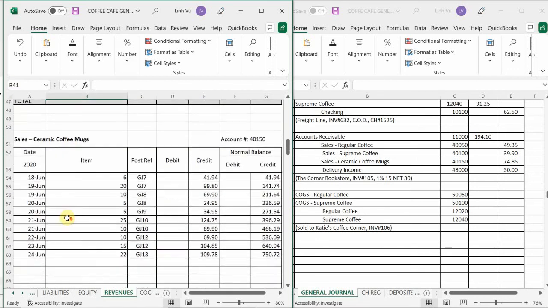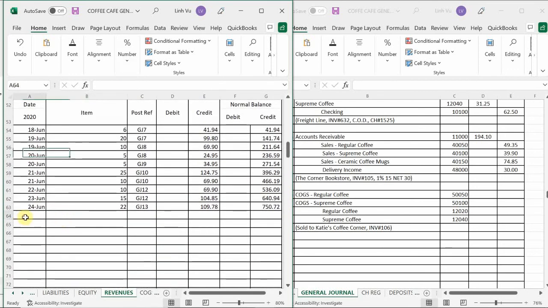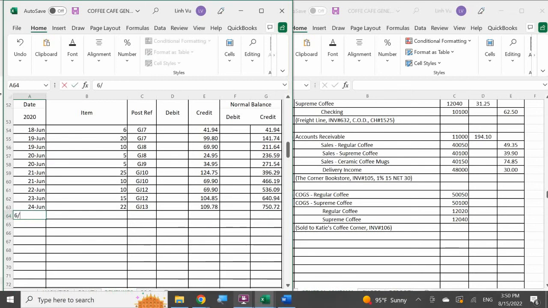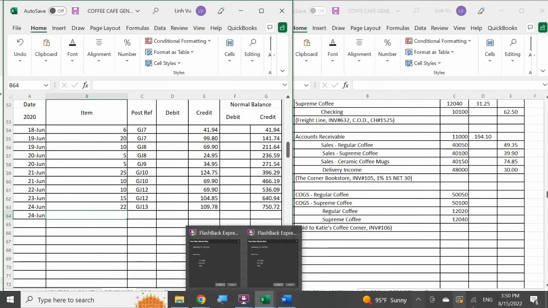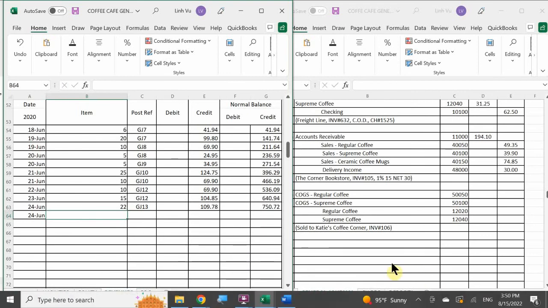And then we go to the bottom for the delivery income. Oh, don't forget the ceramic coffee mugs. Oh yeah, sorry. Mug, we sold the 15 to them, on page 14 for $74.85.